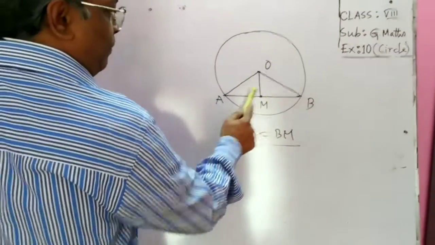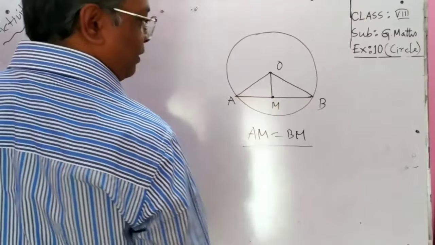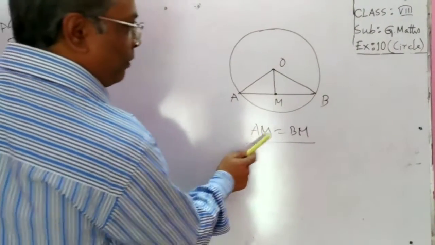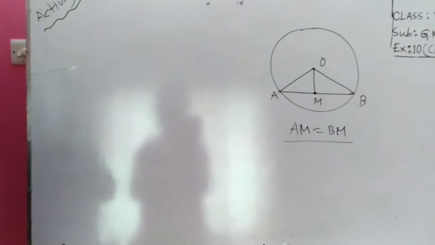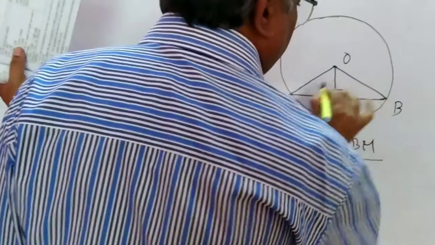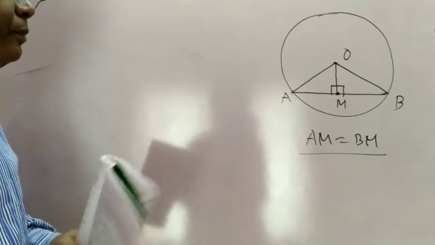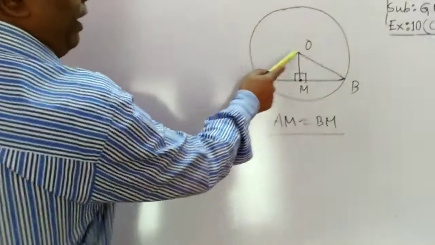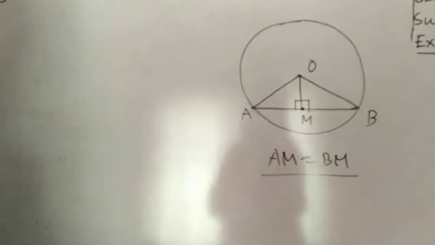So given OM perpendicular to AB, OM is given, and you have to prove AM equals BM. Same figure. In triangles AOM and BOM, those are right angle triangles.